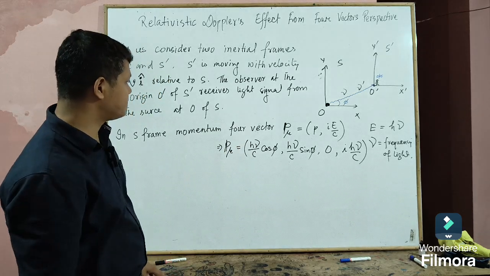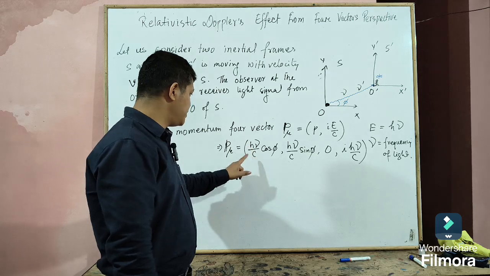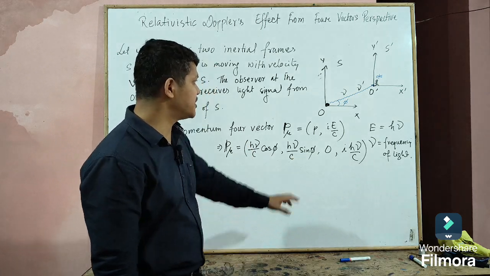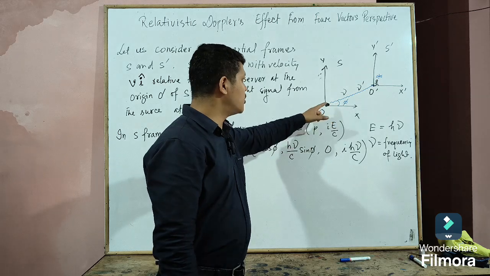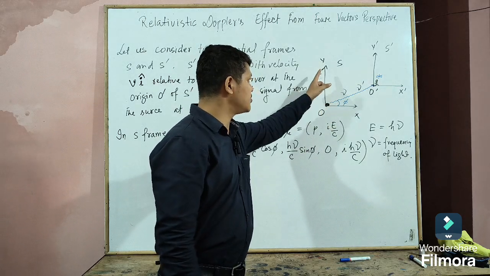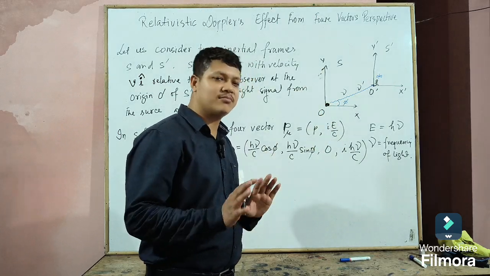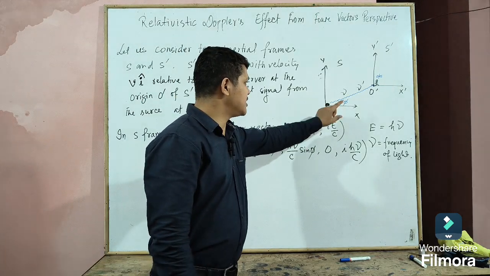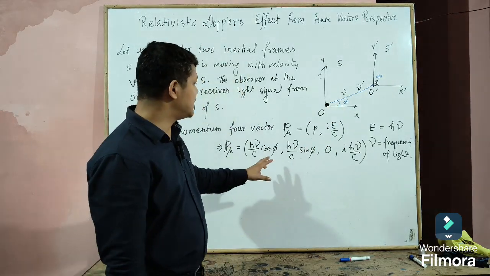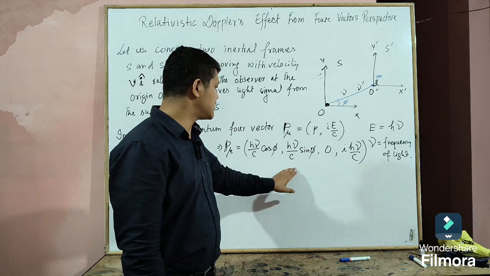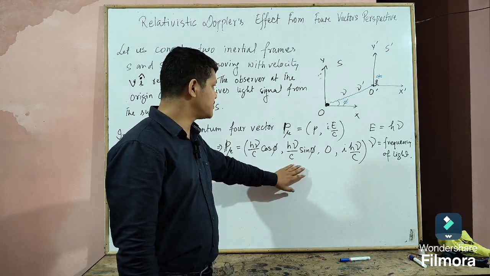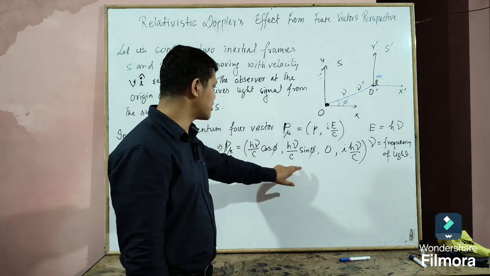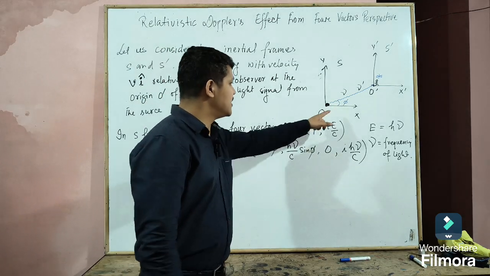Here one more thing. So h nu by c, one is the cos component, another is the sin component. It must have two components, one is x component, another is y component. Hope you have proper idea of vectors. So if this angle is phi, then this is your y component, this is your x component.